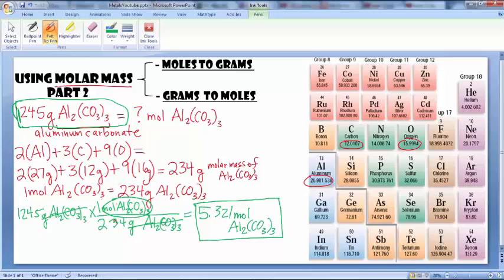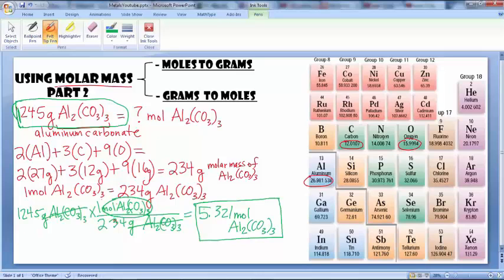So in the next video I intend to go from moles to grams, and we can go from grams to another metric prefix of grams, such as micrograms.